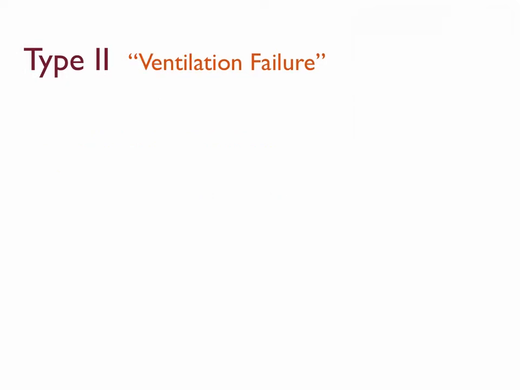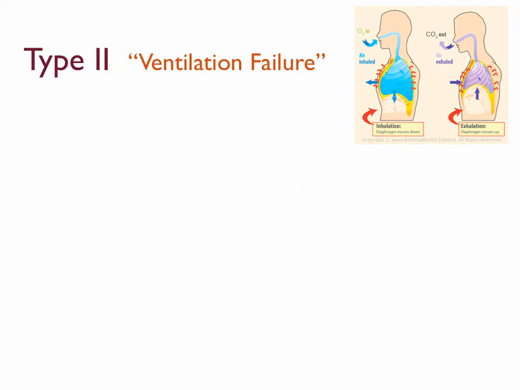In type 2 respiratory failure, sometimes called ventilation failure, the problem is very different. The problem here is primarily the difficulty in moving air from the outside into the lungs, or moving the air out of the lungs into the environment.